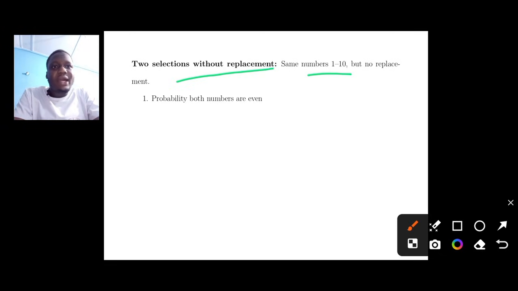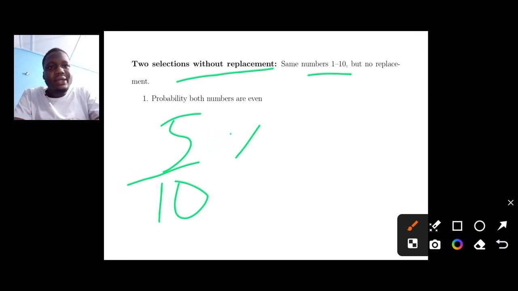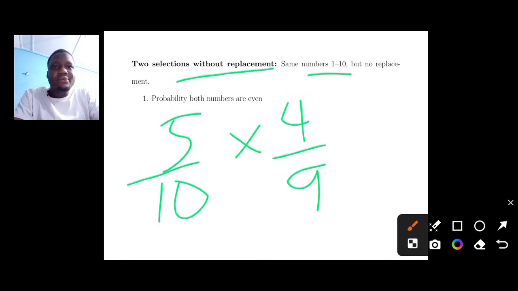So probability that both are even numbers, just as we saw. So probability that the first one is an even number and the second one is an even number. 5/9, because previously I wrote 5/10. Remember, in this situation, we don't put it back.